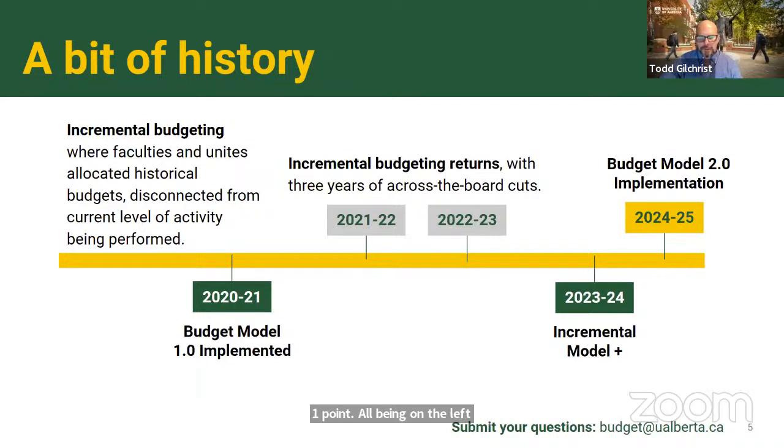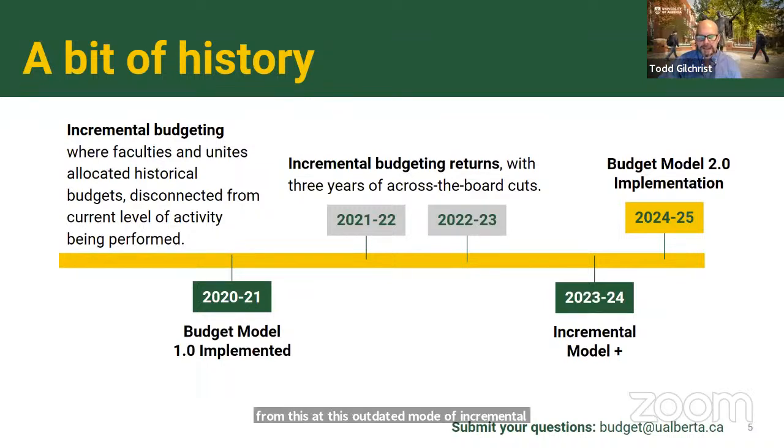And so what we did then and what we're continuing to do now does follow the path that's been set by other universities. You would see very, very similar models at U of T, UBC, Queen's, USask, SFU, and McMaster all use similar concepts. And that being having moved from this outdated mode of incremental budgeting into activity-based models.